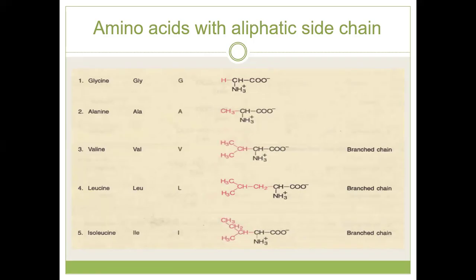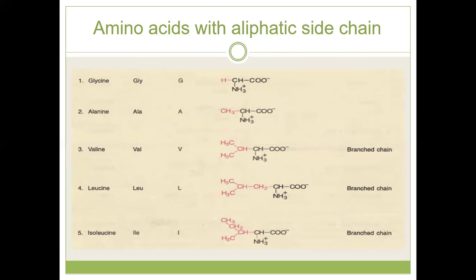While in the case of valine, leucine, and isoleucine, the R groups are in form of branches, where we have a methyl group attached to beta carbon in the case of valine, and then another methyl group attached to gamma carbon in the case of leucine, and then we have this methyl group attached to beta carbon, but one of the branches is one carbon longer than in the case of valine. Is that clear?